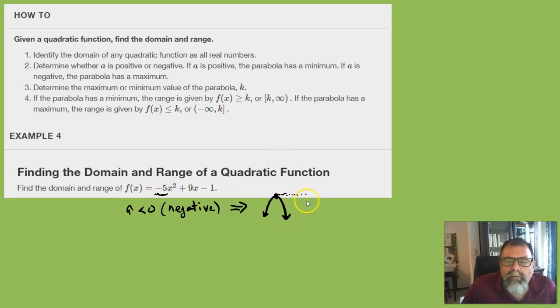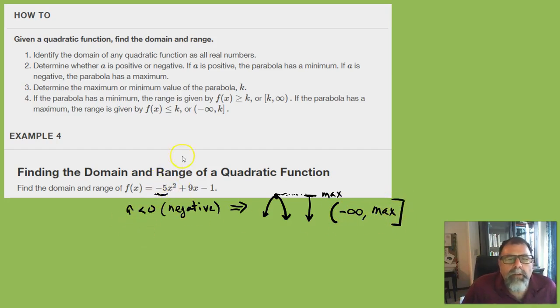So my range is going to be from negative infinity up to whatever this max value is. So now I just got to figure out what that max value is.